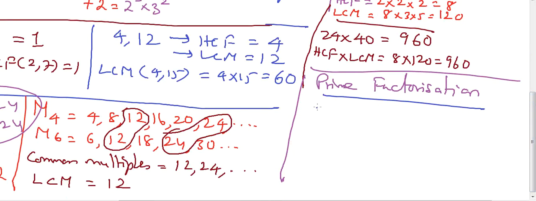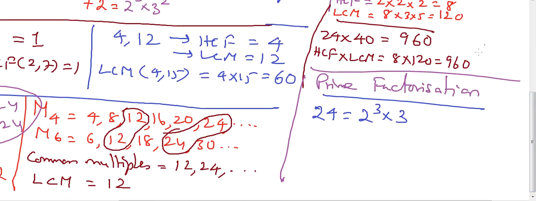If you write 24 as a product of prime factors, what is it? You can use the division method to find that. This is 8 into 3, so you will get 2 cube into 3.